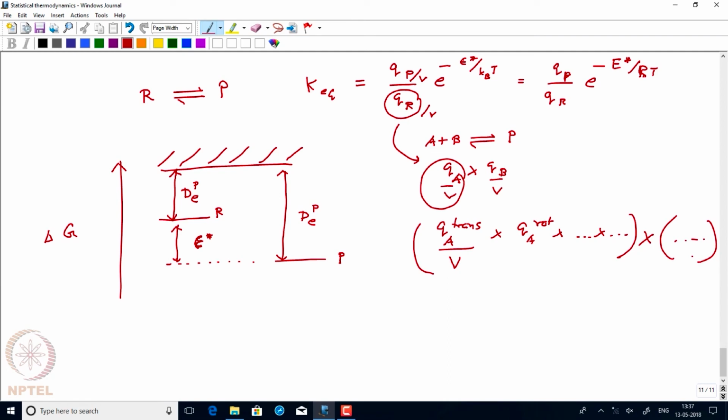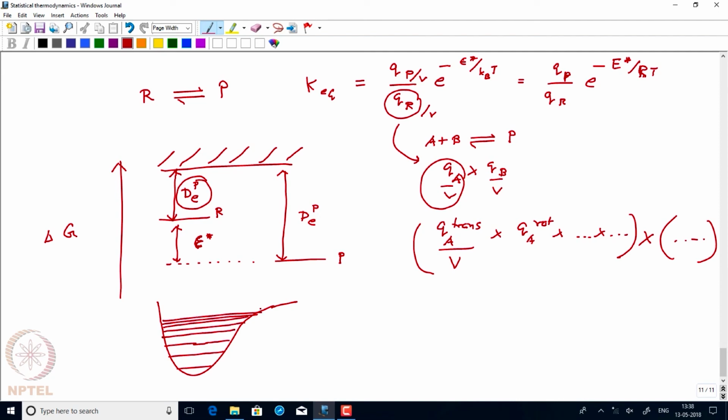One more point to note here is that this dissociation energy means the experimental dissociation energies. There are two kinds of dissociation energies. Suppose I have a bond vibration and the bond is dissociating. Usually the potential for bond vibration is an anharmonic potential. There you have the zero point energy, just like harmonic oscillators.